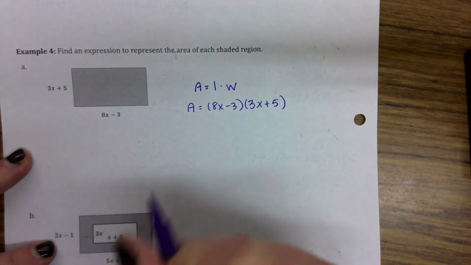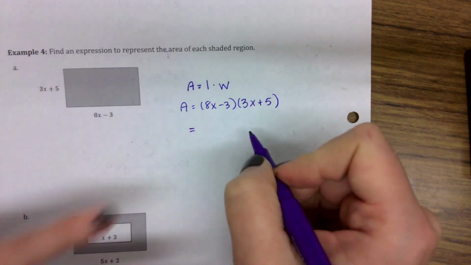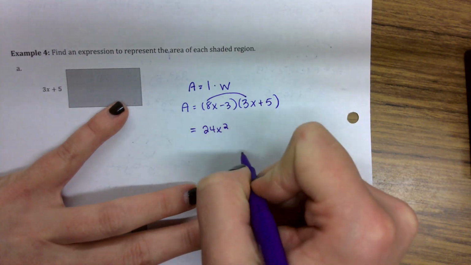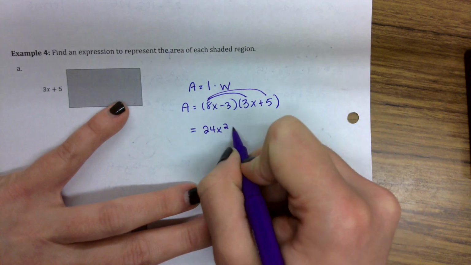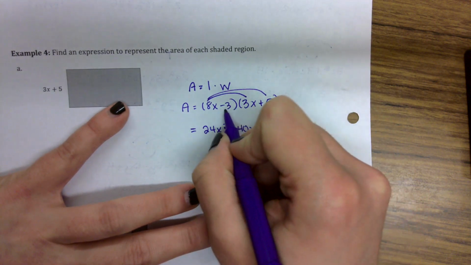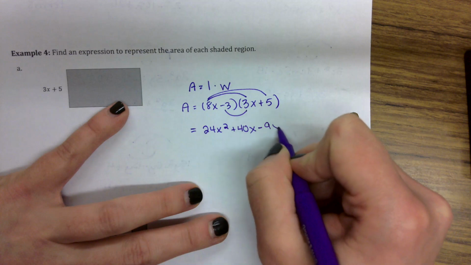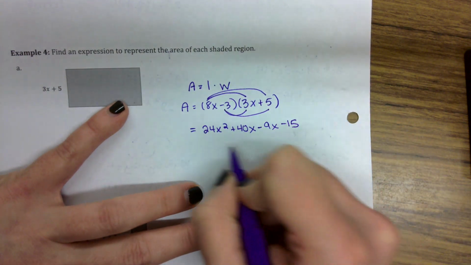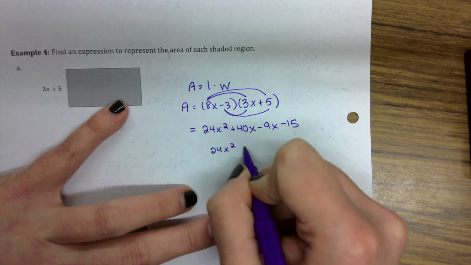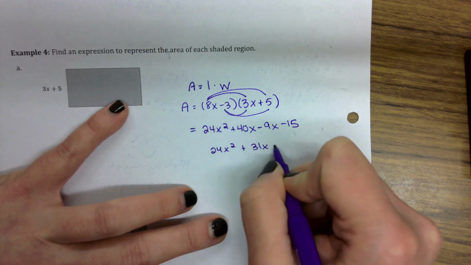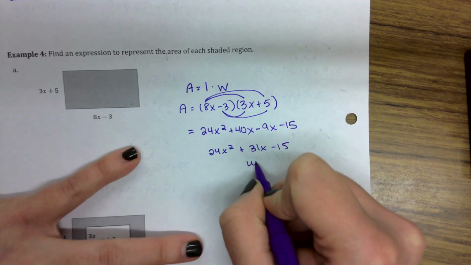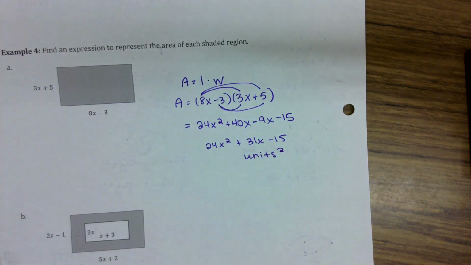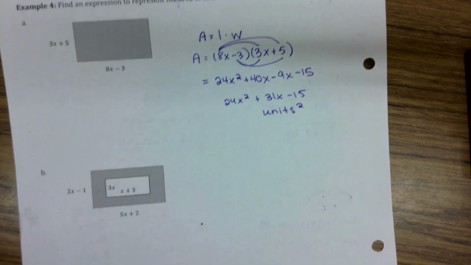We're going to FOIL or double distribute. 8x times 3x is 24x squared. 8x times 5 is 40x. Negative 9x, negative 15. So we get 24x squared plus 31x units squared. Because we don't know if it's centimeters or inches or what.